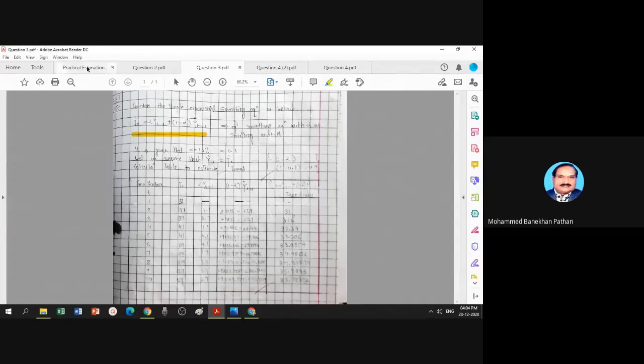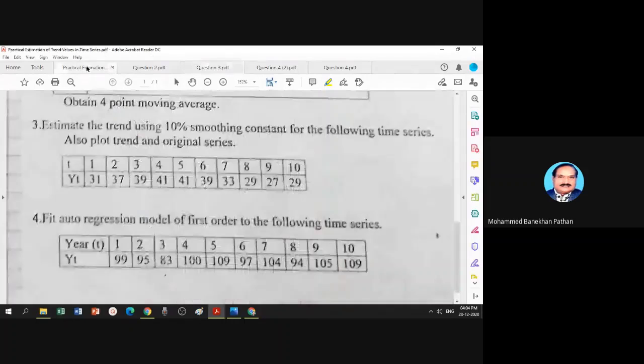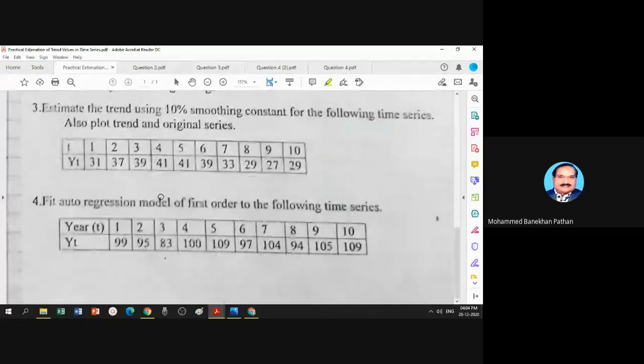Let us proceed ahead. Question number 4. Now, how to make a graph? You know from question 1. Take the t values on the x-axis and the original values y t on the y-axis, draw the graph and join by straight lines, just like example 1.